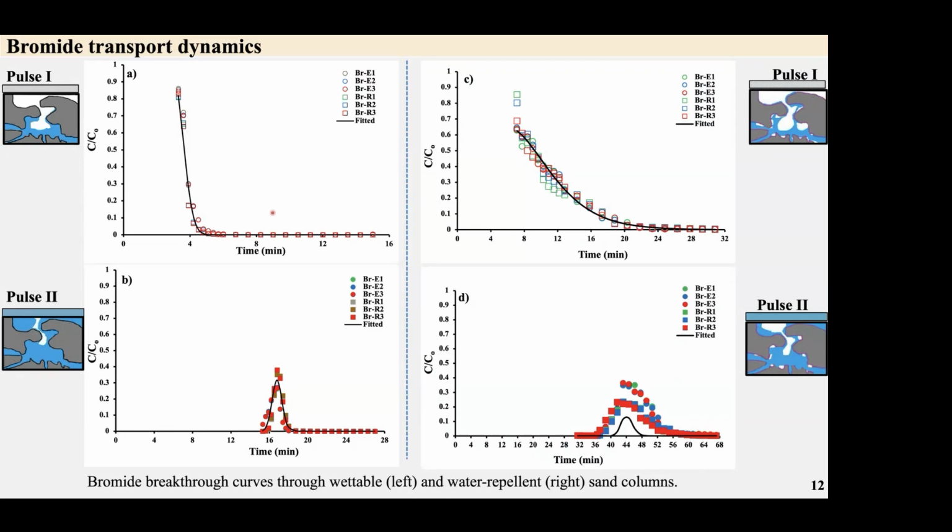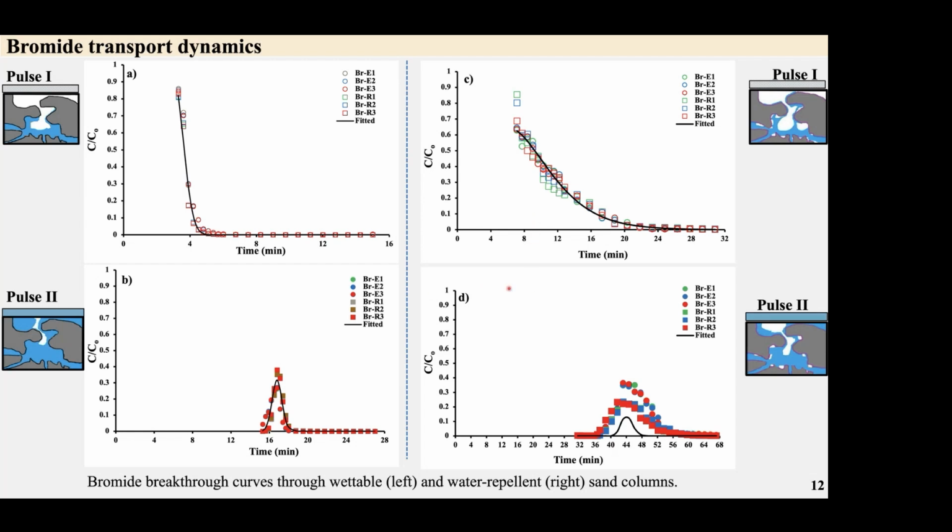Please note that the model was run once more. We simulated the data according to the further scenarios, meaning that, for instance, the initial water content of this pulse was dry, but this part was not very close to saturation. For wettable soil, on the left side, the data was captured by the model very nicely.